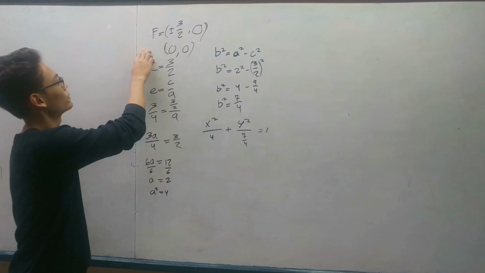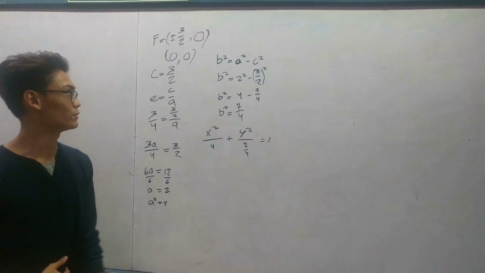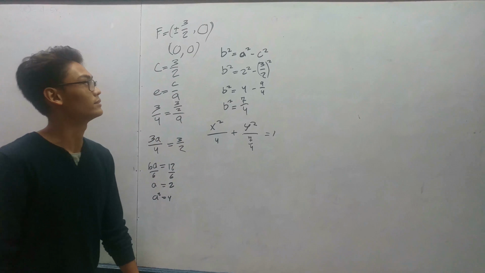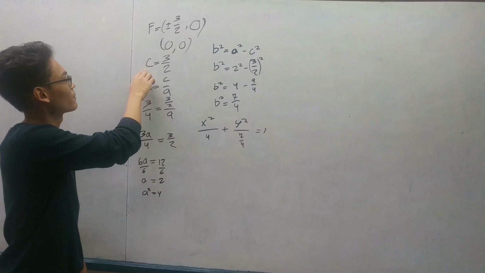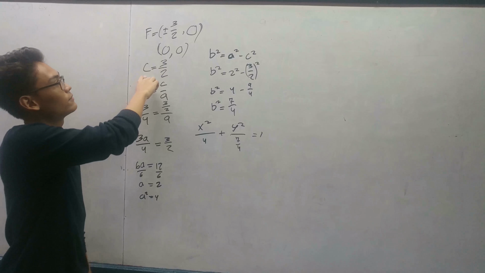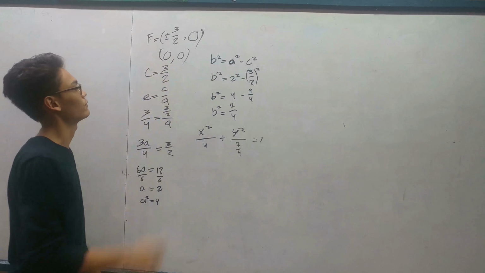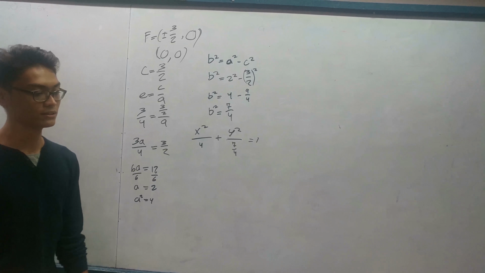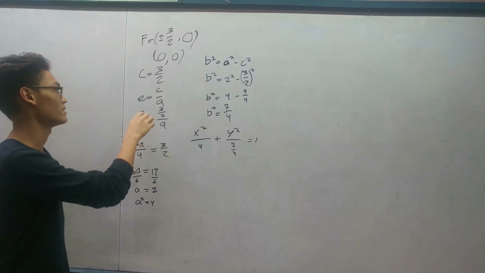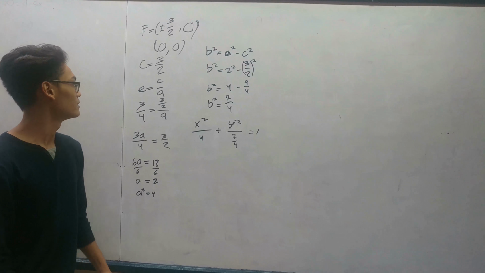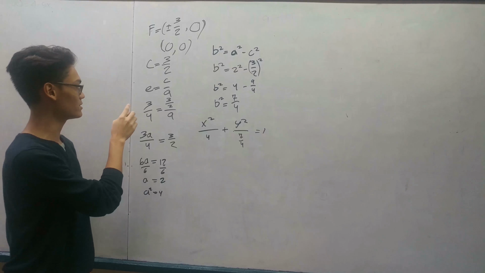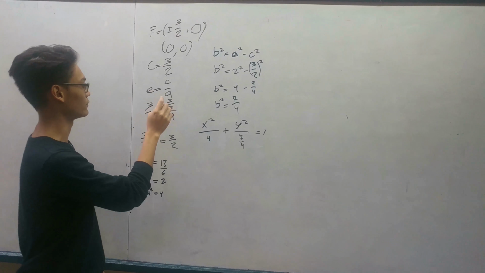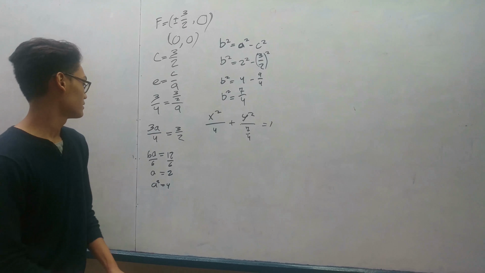So the given focus is positive, negative, 3 over 2 and 0. And we got the center, which is 0, 0. So we got the c from the focus, which is 3 over 2. We then use the formula to get the eccentricity, which is e equals c over a. We then substitute e with 3 over 4, equals 3 over 2 over a.